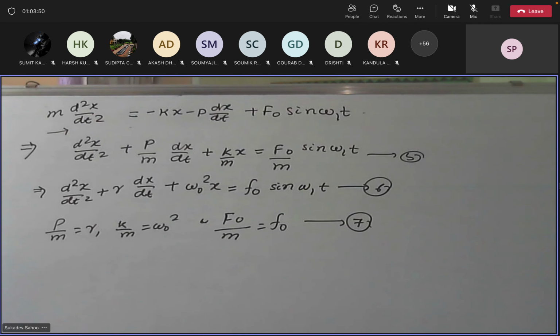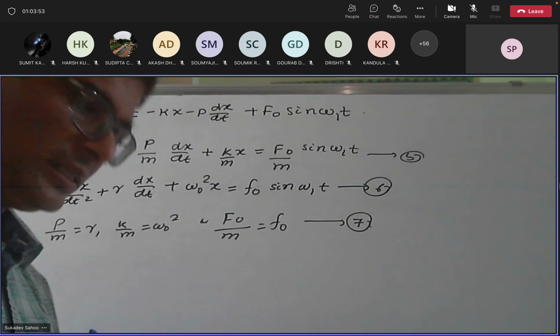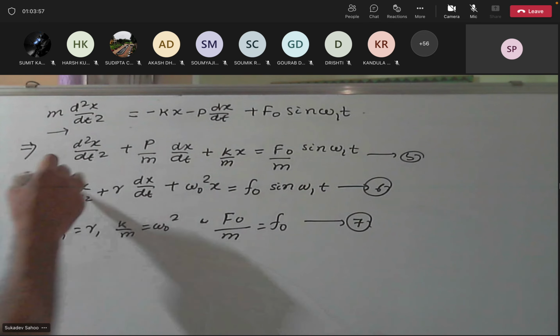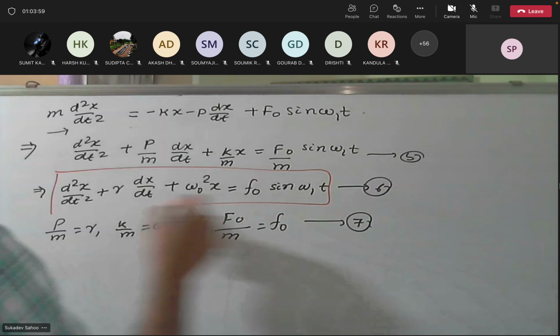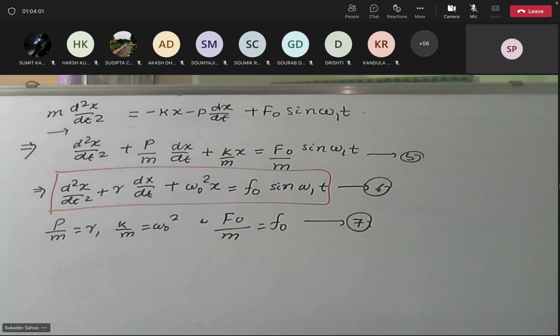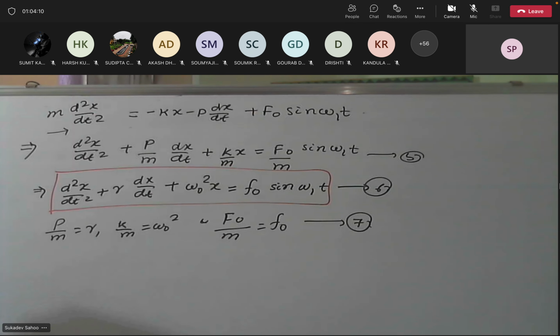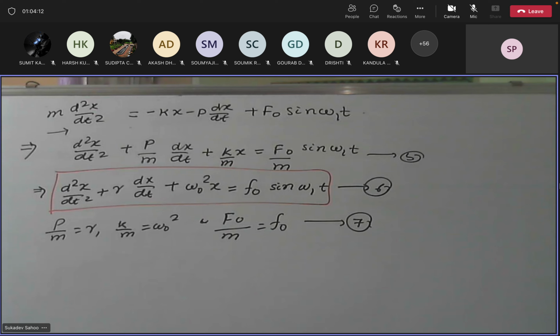So equation number 6 is the differential equation of motion of the forced harmonic oscillator.